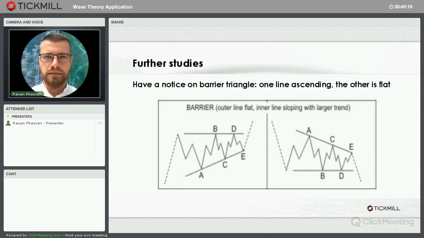If you want to make up a difference in it, you can see that one line in it is ascending and the other one is flat. It also gives us a continuation signal, but the main difference is that one of the lines is a flat horizontal static level.